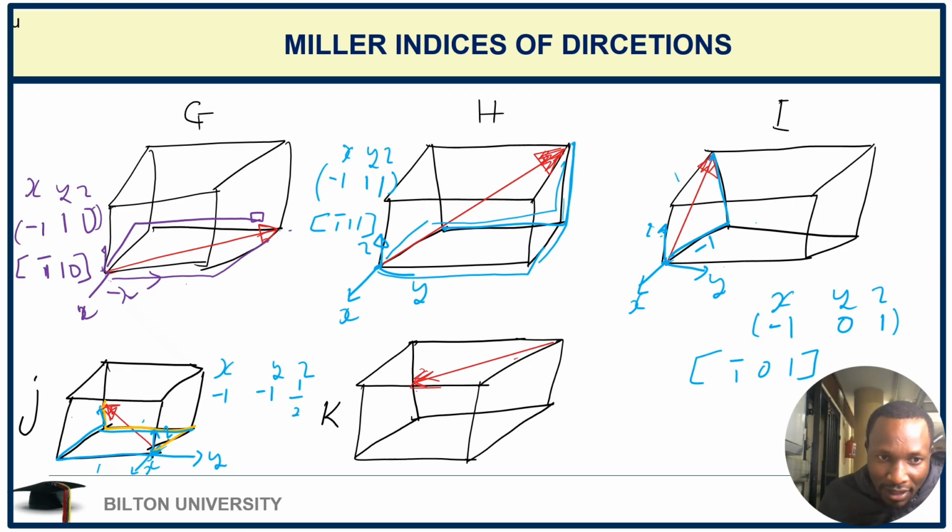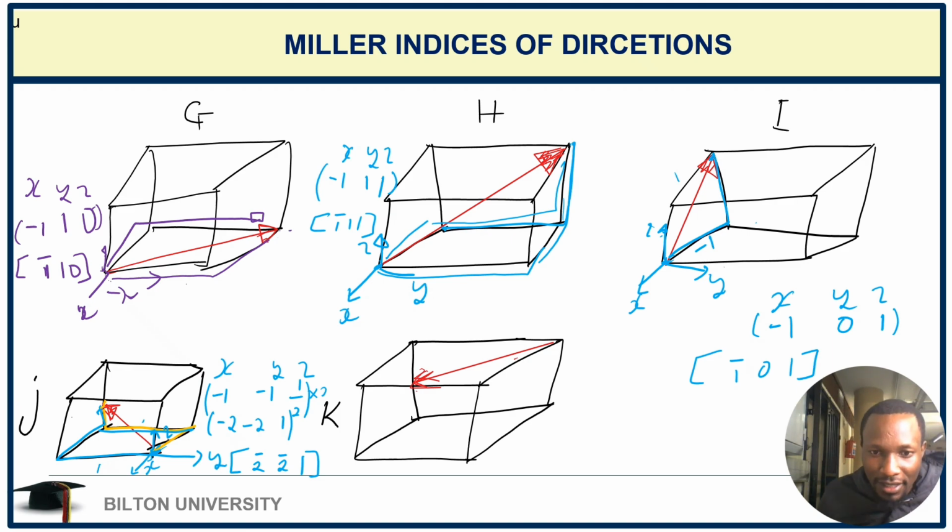There's a fraction and the common factor here is 2, so we multiply by 2, and that gives us minus 2, and 1. Once we have this, we write it in brackets, and that is bar 2, bar 1, 1.